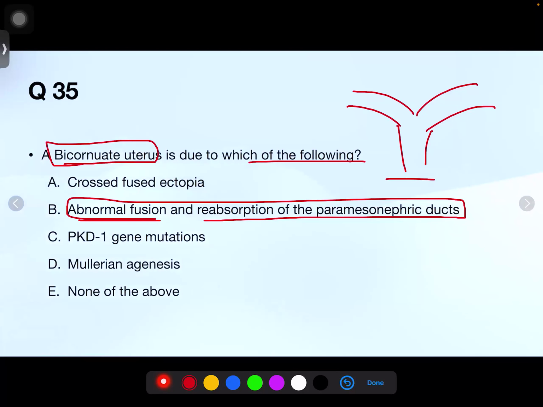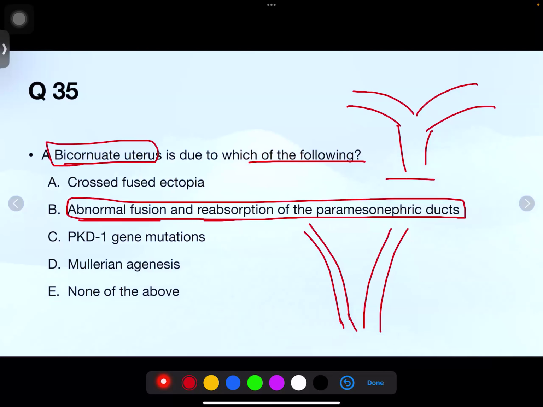You all know that the uterus develops from the paramesonephric ducts, and they have to fuse. So there are two ducts, these two fuse and then one uterus is formed. Whenever there is a defect in the fusion of these ducts, anomalies develop like bicornuate, unicornuate, septate uterus, all of these.